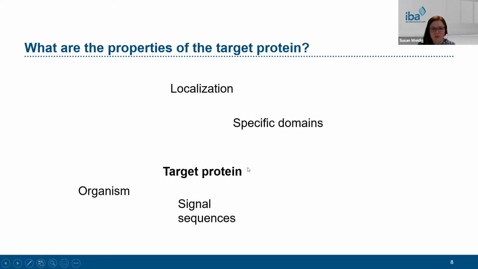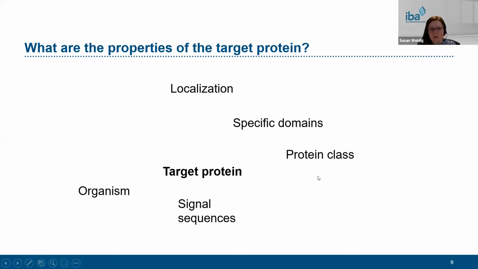Those specific domains or signal sequences could be, for example, a secretion signal, or membrane domains, or something like that. And if you know your protein contains specific domains or signal sequences, you can also get information about a protein class. So if it is a membrane protein, or a metalloprotein, or if it is an antibody.